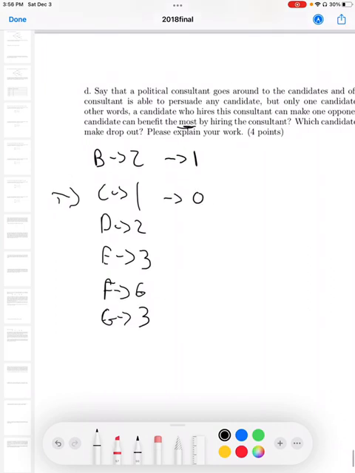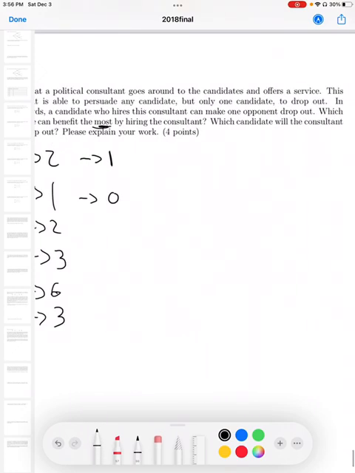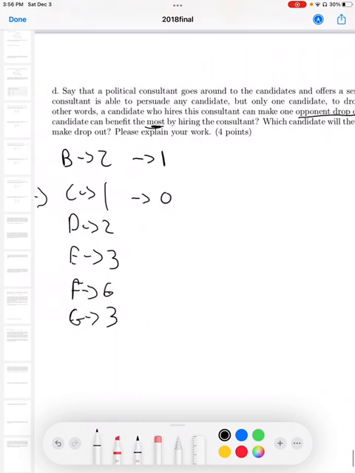All I'm doing here is subtracting 1 from the number of people that dominate them, since they could make one opponent drop out. So for D, this turns into 1, for E 2, for F 5, and for G 2.